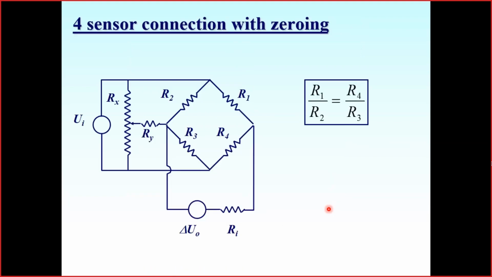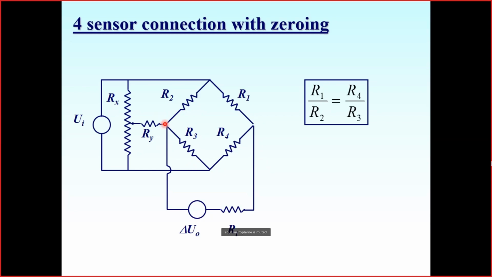So here is an example of how we could balance a bridge even when resistors R1, R3, and R1 and R4 are not absolutely equal. We still may balance the bridge by changing, for instance, the potential of one of the corners of the bridge.